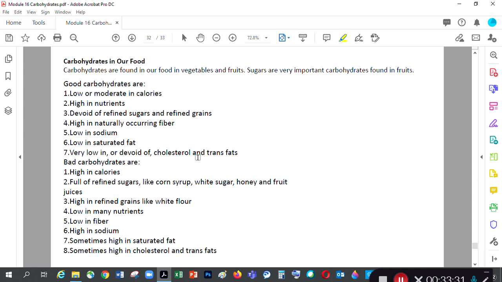That's the requirement for good carbohydrates. The bad one will have the opposite. They will have a high amount of sodium, high amount of cholesterol, low amount of fibers, low amount of nutrients, and a high amount of saturated fat.